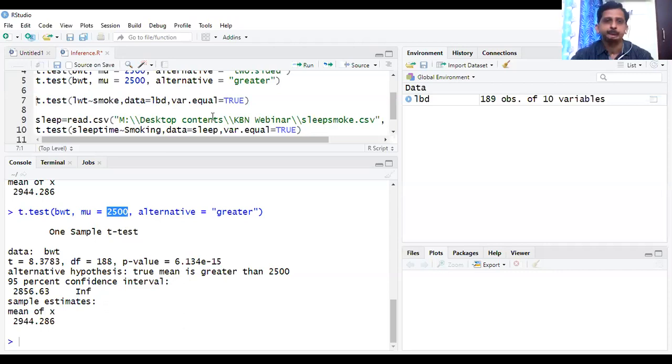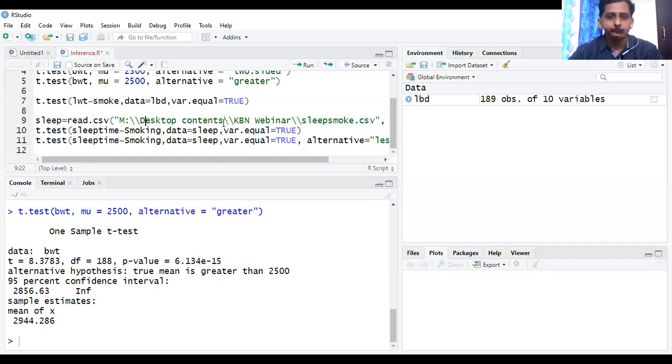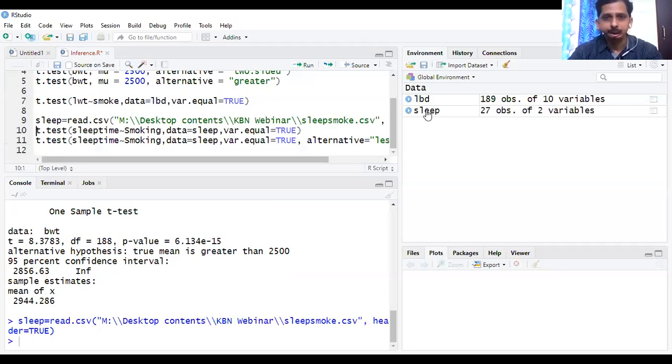Okay. Now we'll go with the two-sample t-test. I'm using mother's weight with the two populations; we will do this in the next 2 to 3 days using the low birth weight data only. We'll go with some other data, the sleep smoke data. You can see this sleep smoke data here.